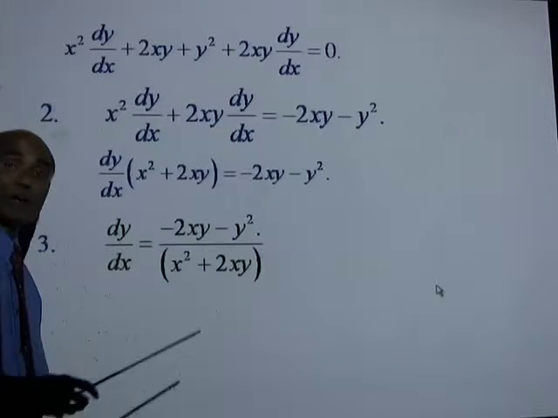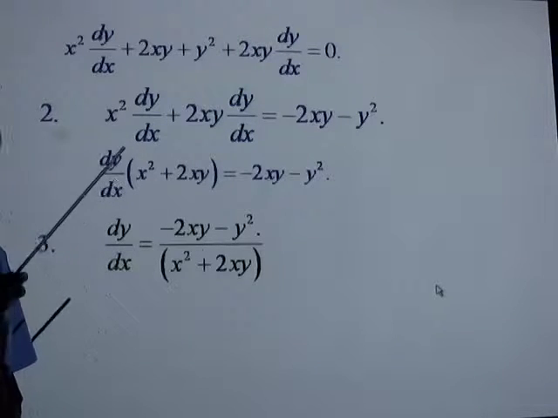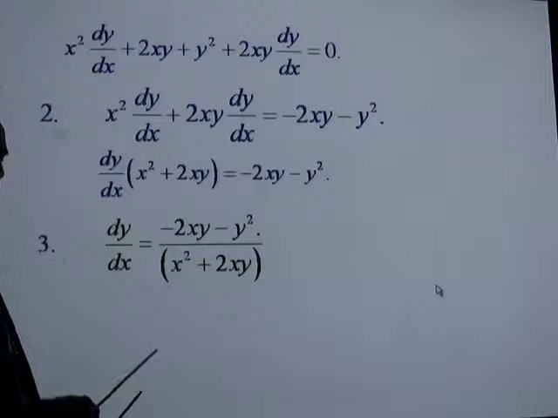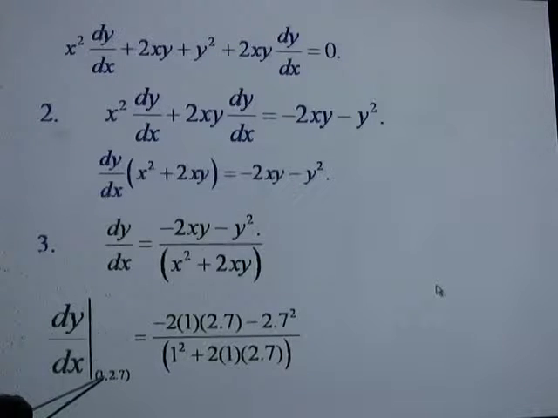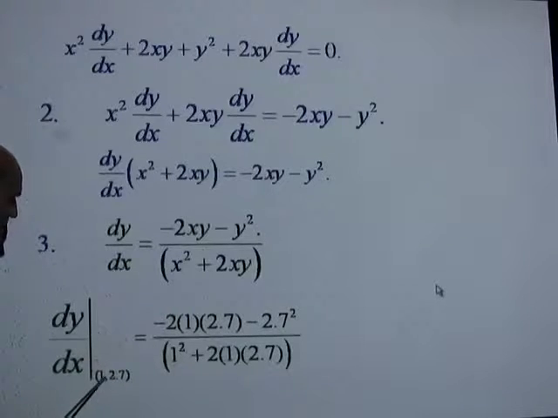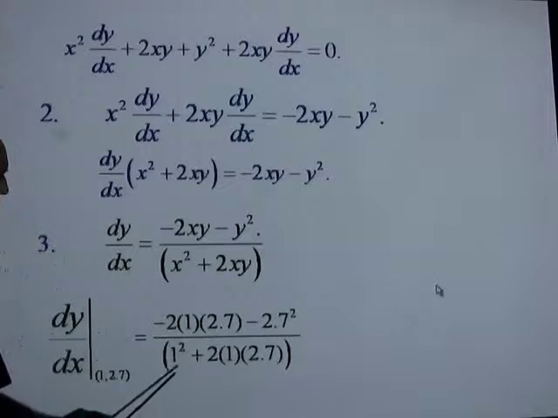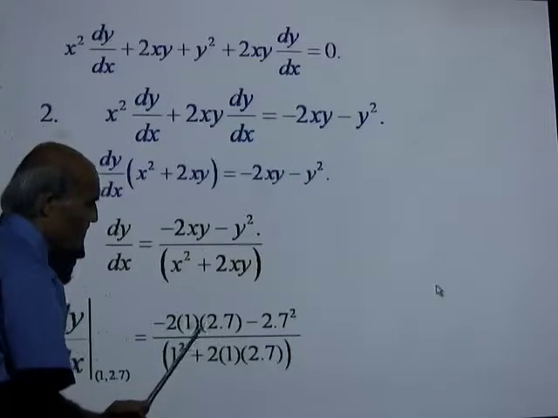And we can now find the value of dy by dx at the given point. What is the given point? The given point is x equal to 1, y equal to 2.7. So all we need to do is replace x by 1 and y by 2.7 and make sure that this is all done correctly.